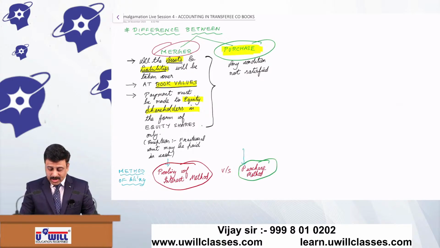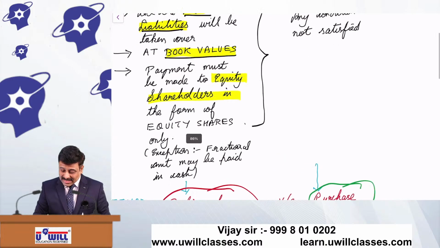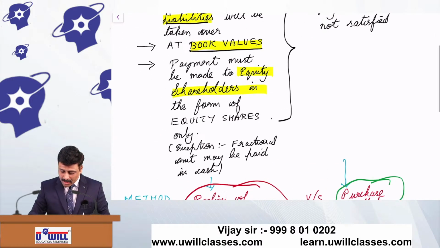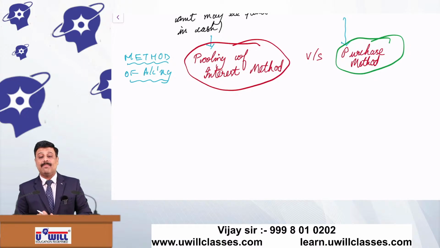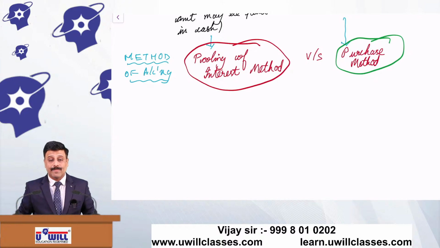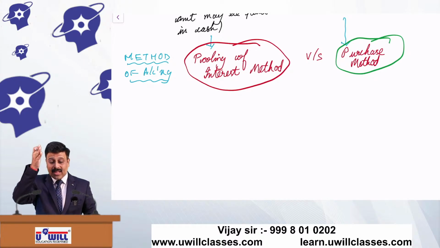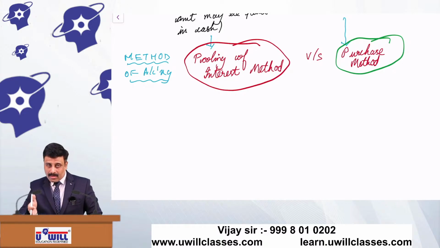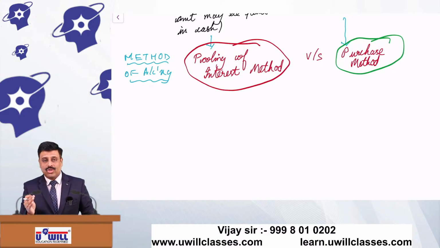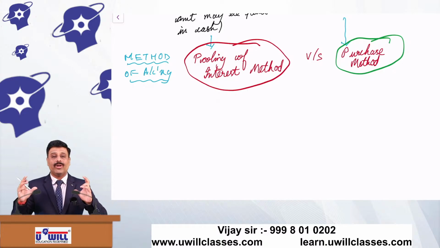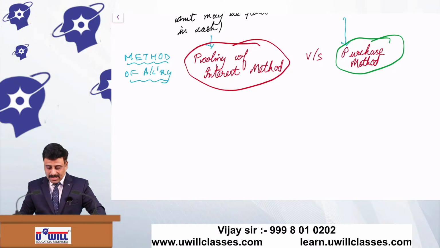Now I will teach you in today's session what journal entries are to be passed in the books of the transferee company by the pooling of interest method and by the purchase method of accounting. So all of you can make the format in a difference kind of column, so you understand the difference in method of accounting in pooling of interest as well as in purchase.